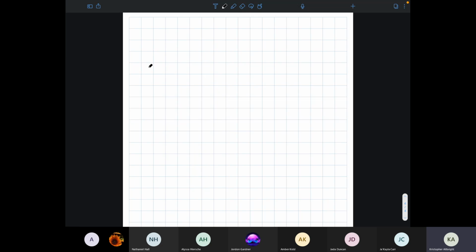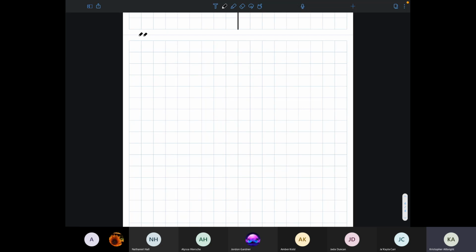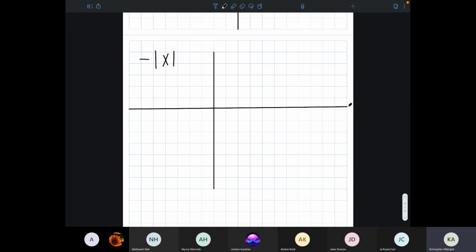Sometimes we're going to have a negative absolute value, and all that means is we're going to flip it. So we're going to turn it upside down. So instead of it going up and down at a 45-degree angle, it is going to go down at a 45-degree angle.